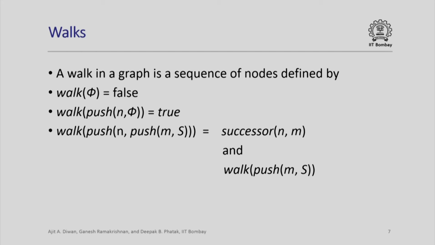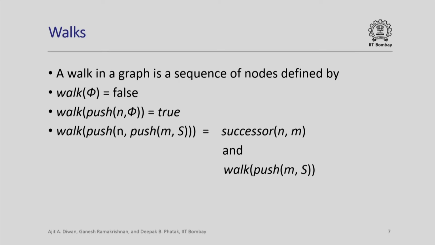It is just a sequence of nodes, and it is defined as the following. The empty sequence is not considered to be a walk in a graph. A sequence of nodes containing a single node is a walk. So, walk of push n comma phi is true, and walk of push n comma push m comma s will be true only if m is a successor of n and walk of push m comma s is true.